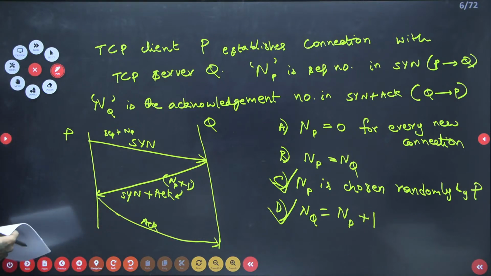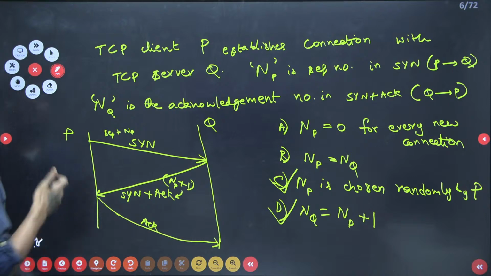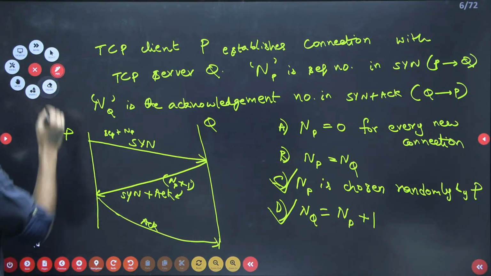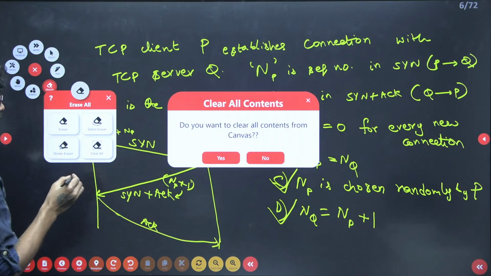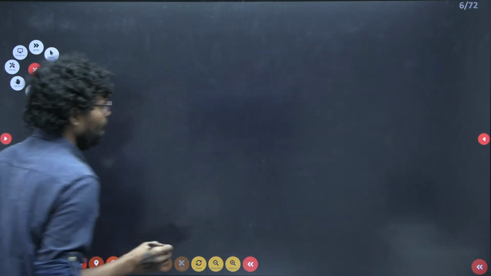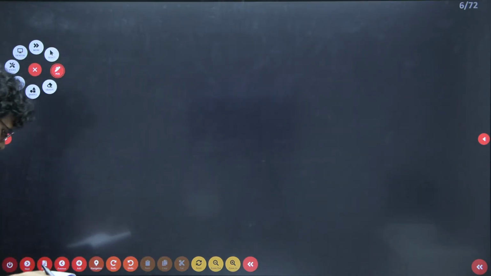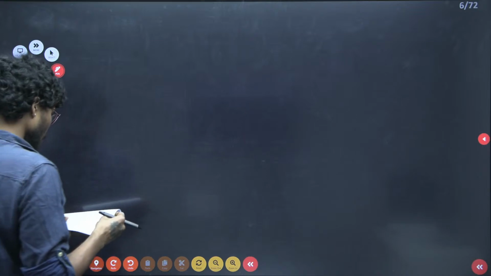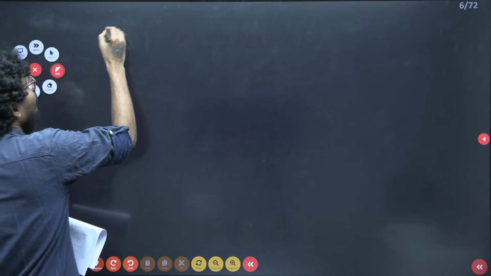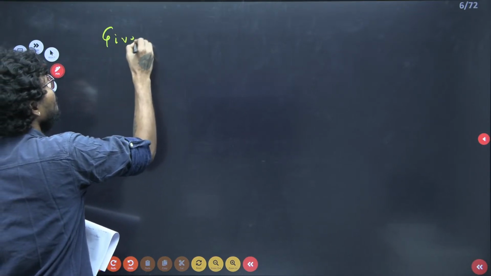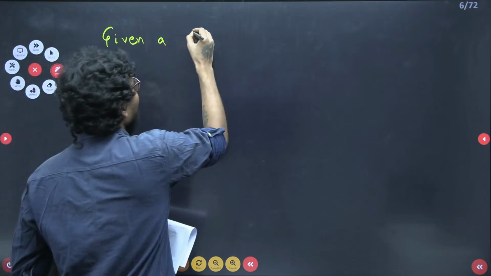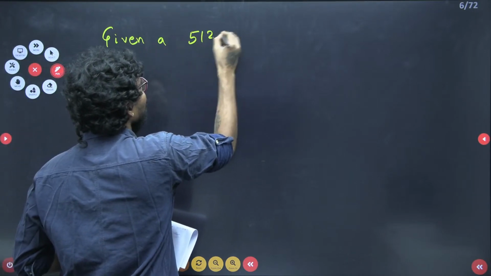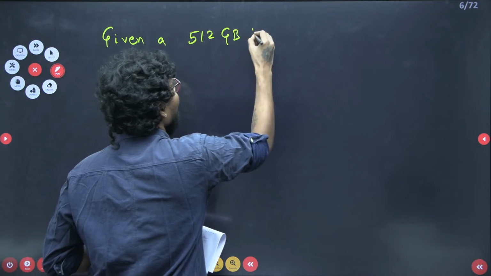Let us go with the next question. We have a question from operating systems. We are given a 512 GB hard disk.